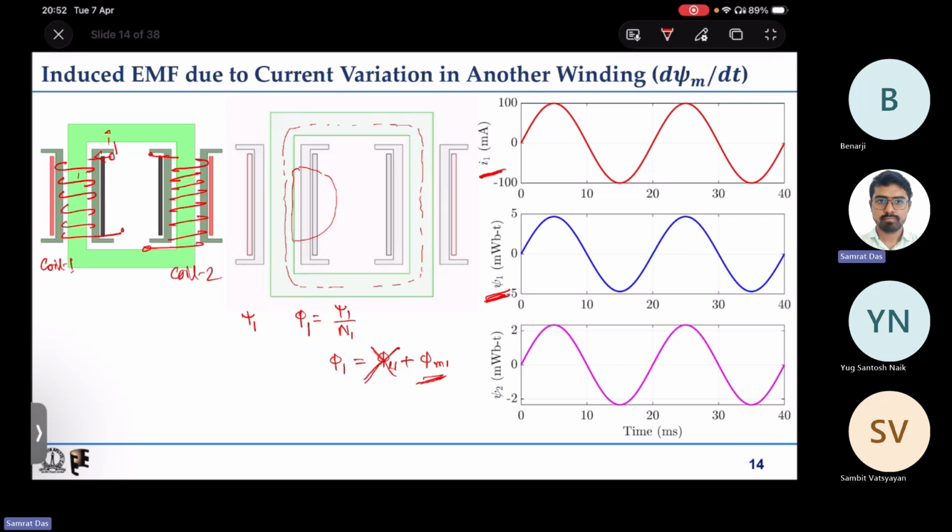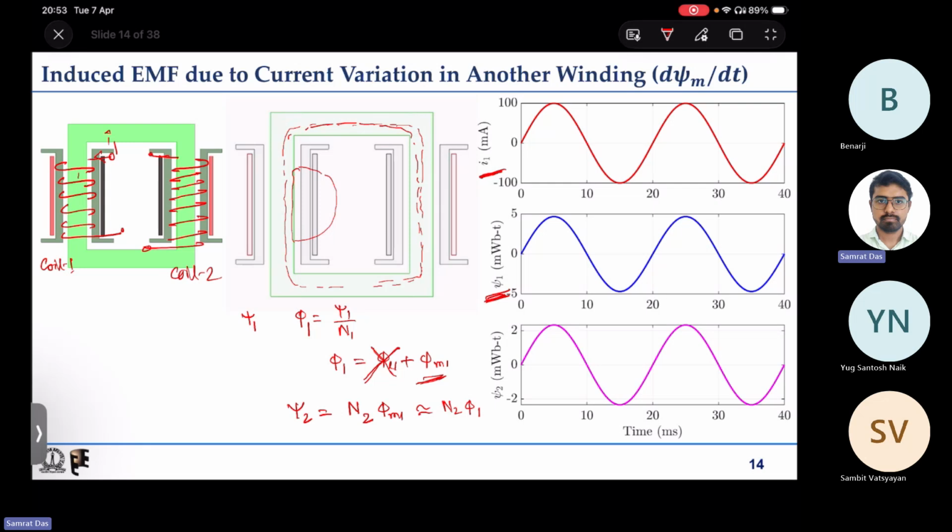So almost all the flux is going and linking the second coil. So the flux linkage of the second coil, psi 2, is nothing but the number of turns of that second coil, N2, multiplied by the flux that is coming there, and that is approximately equal to N2 into phi 1 only, because leakage flux is quite negligible here.